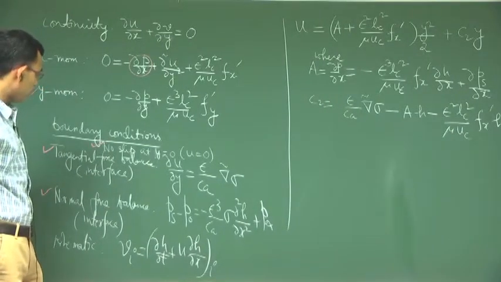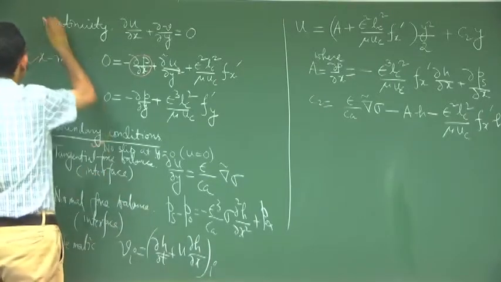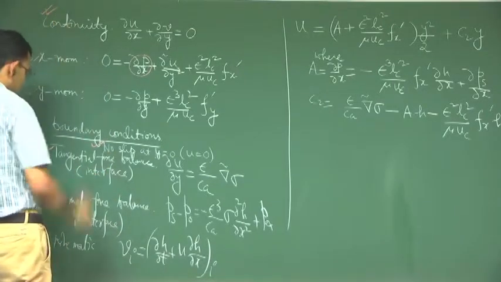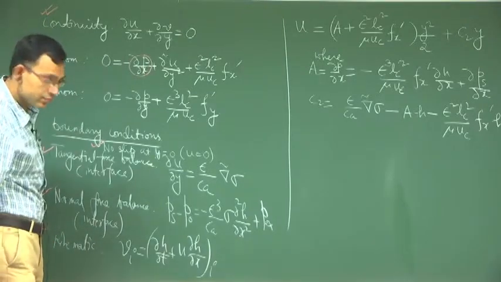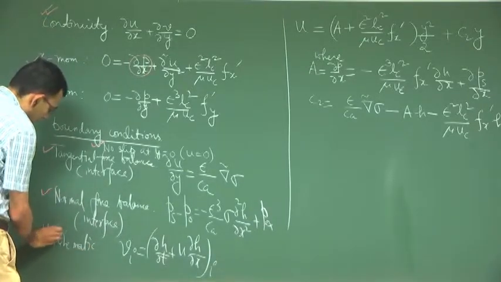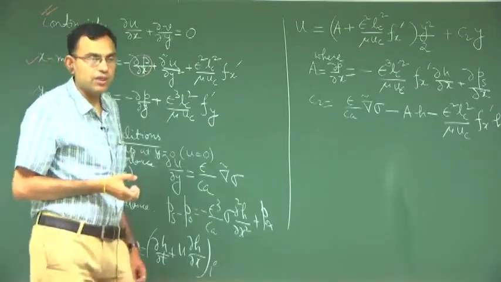So, what we have not yet used are the continuity equation, which I am showing by a double tick, and the kinematic boundary condition. The kinematic boundary condition at the wall boils down to the no penetration boundary condition.